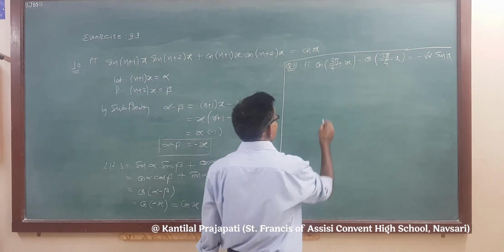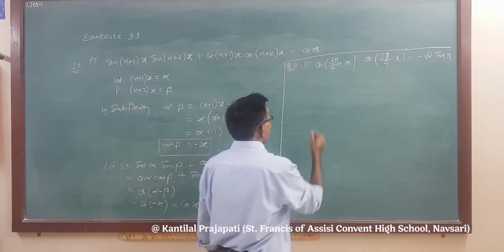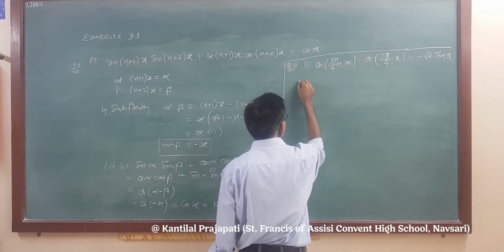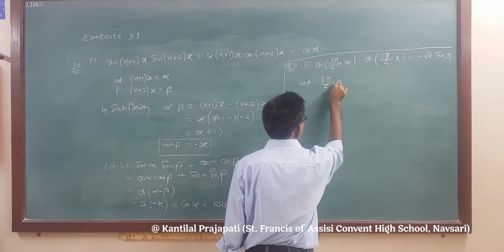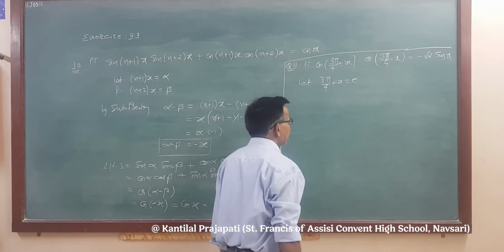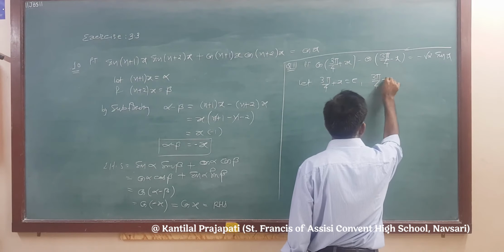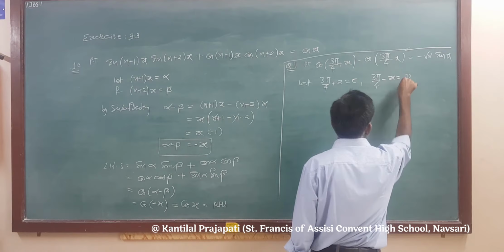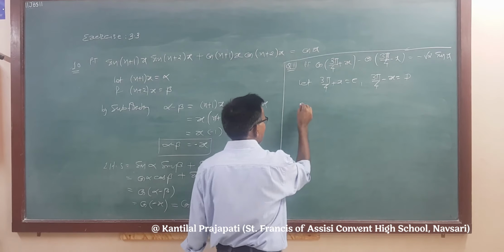So I consider the difference as a product, right? So for convenience, let 3 pi by 4 plus x be equal to C, and 3 pi by 4 minus x be equal to D, right? For convenience. So first we add these two.